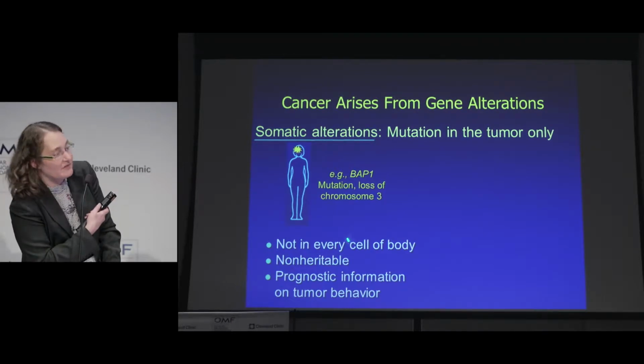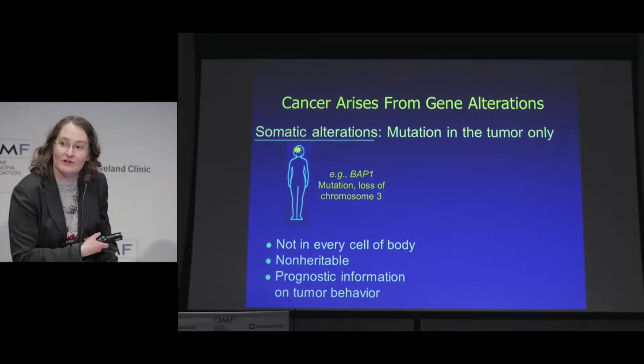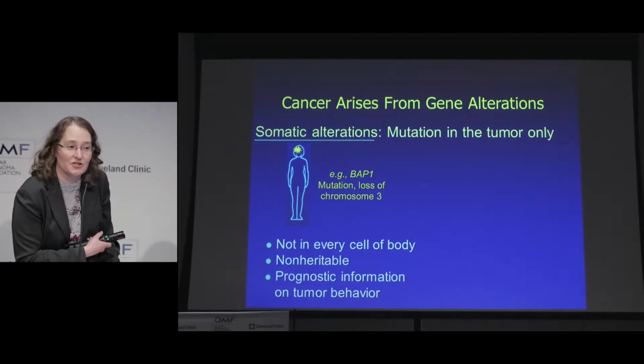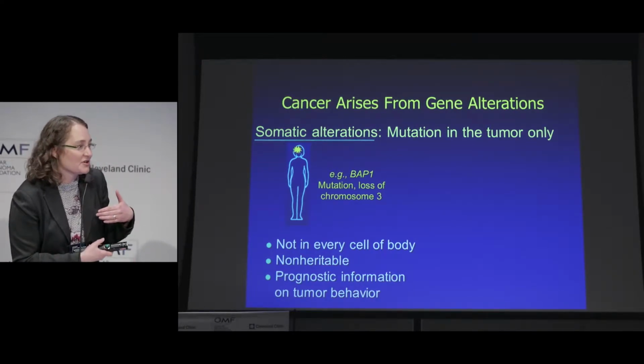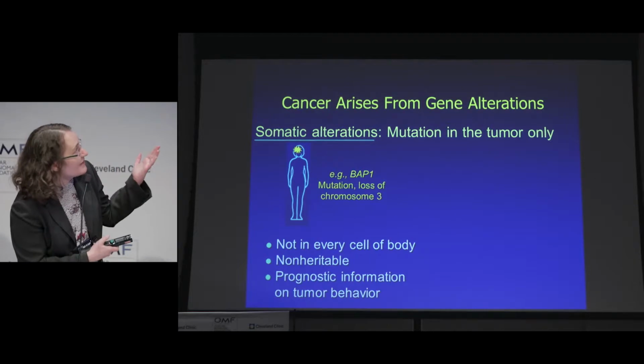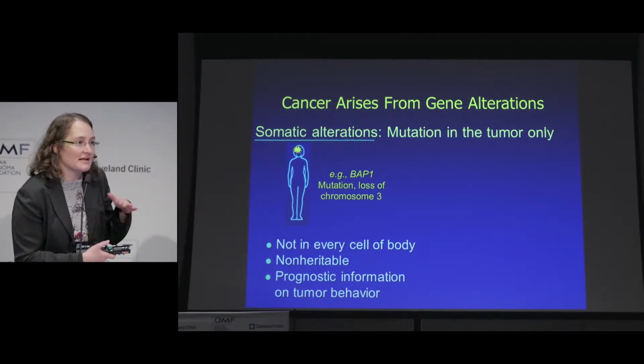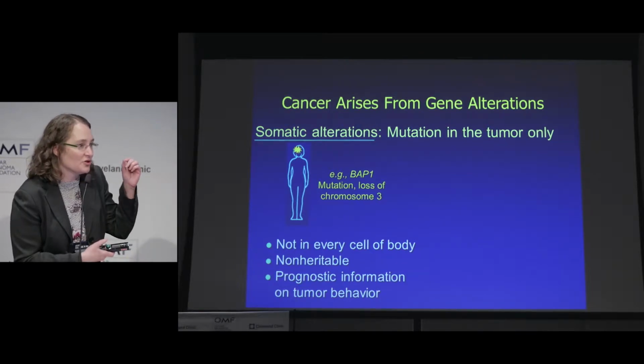For example, you could have a somatic mutation of BAP1 just in the eye tumor, but all your cells in the rest of your body have normal BAP1. So that tumor suppressor is normal everywhere else. If that's the case, you're not going to pass that down to any children. That's not heritable. That's only in the tumor.